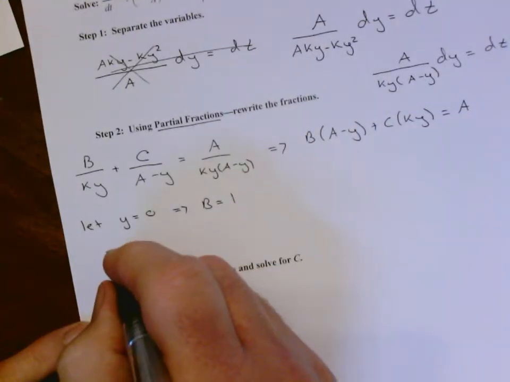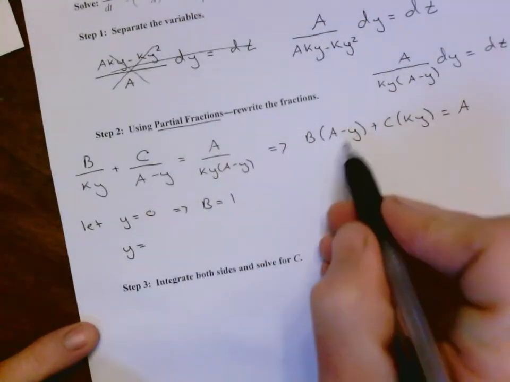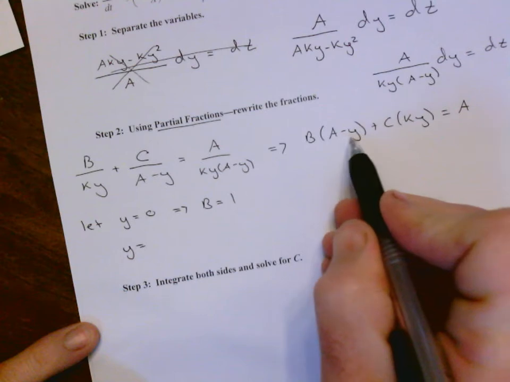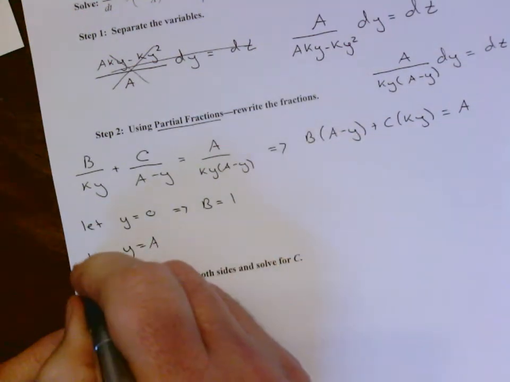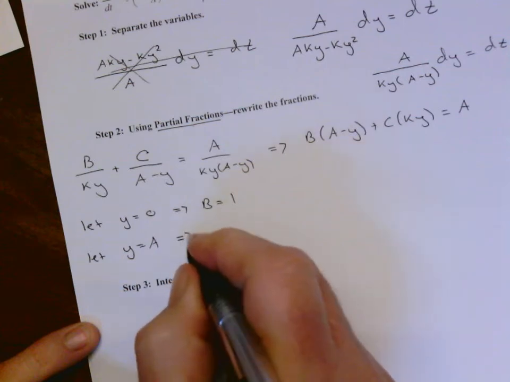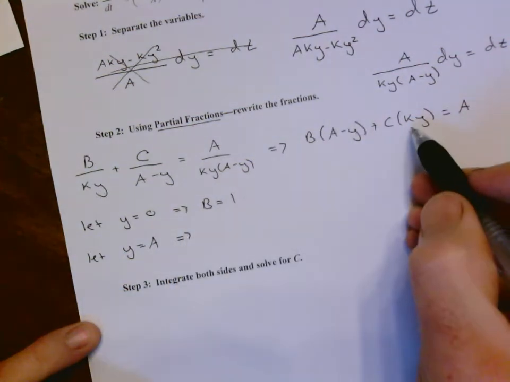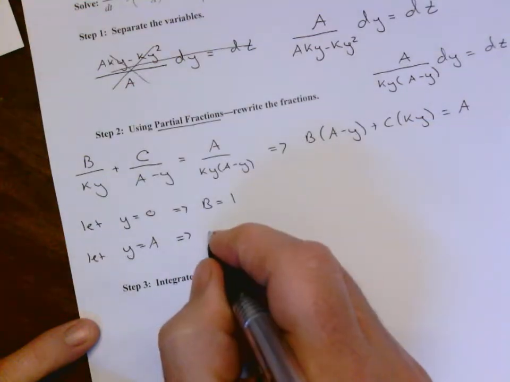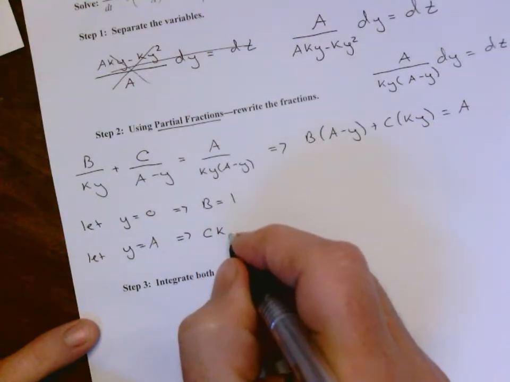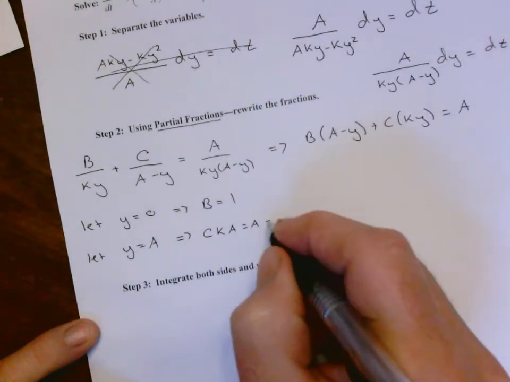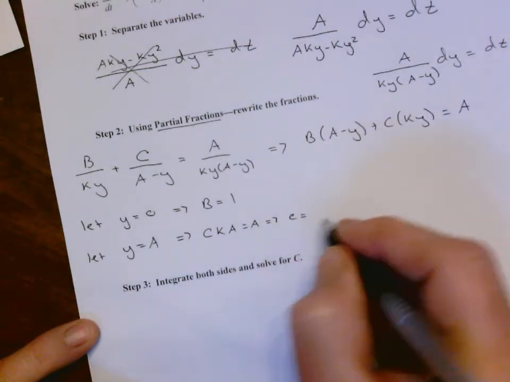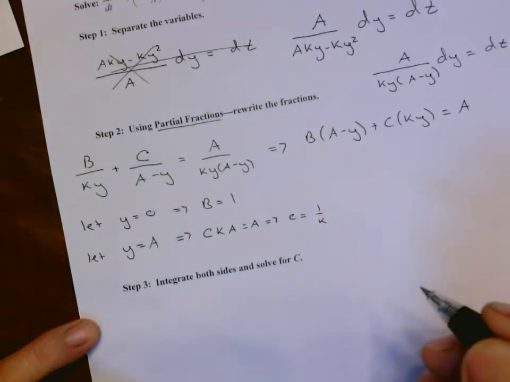Okay, and then furthermore, we're going to let y be equal to a, because here I need to make this go away. Then I'm left with c k a is equal to a, so therefore c is equal to 1 all over k.